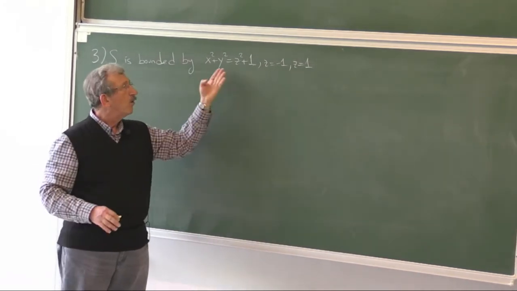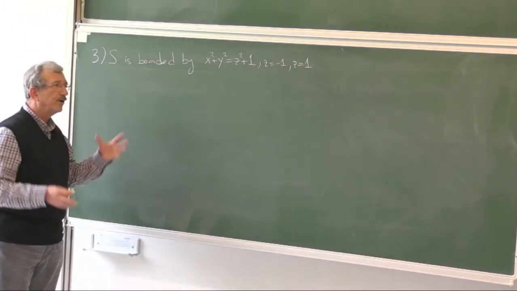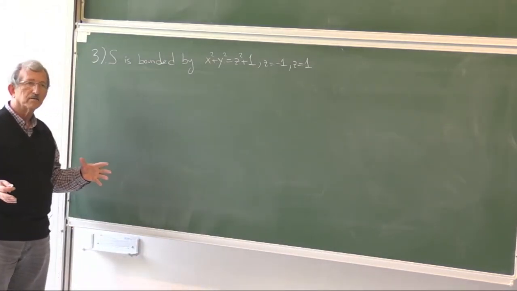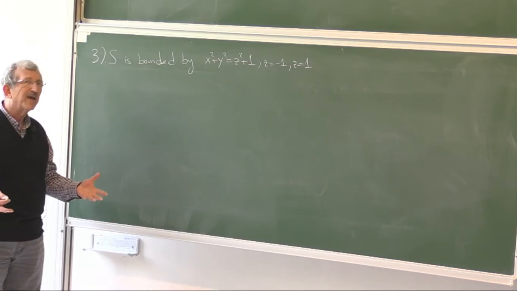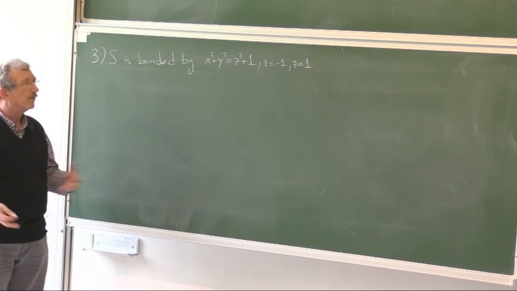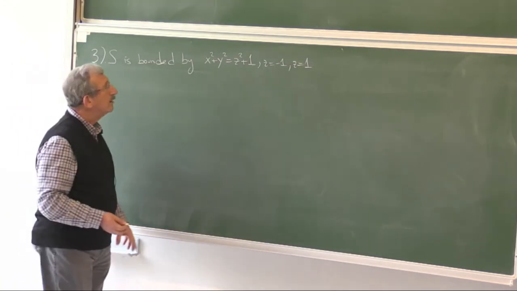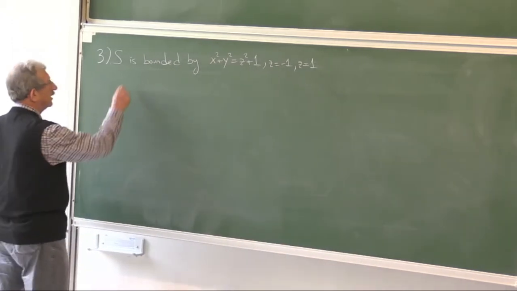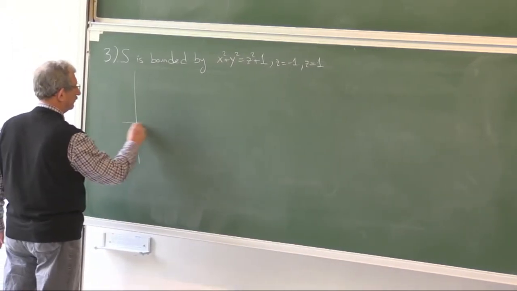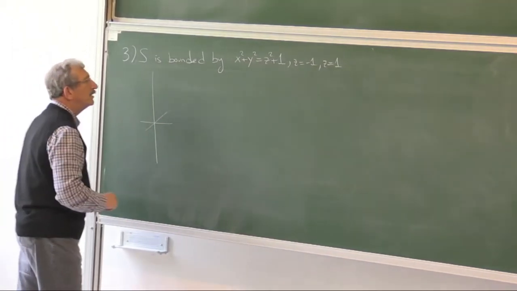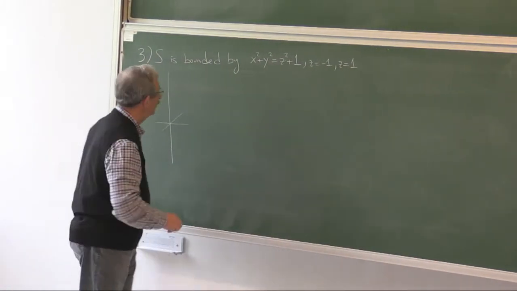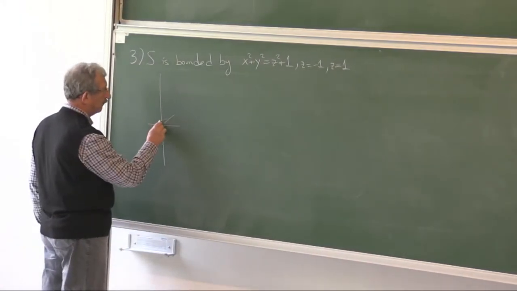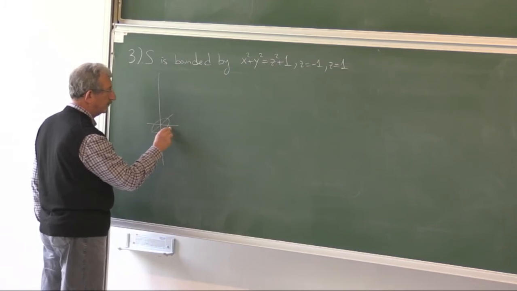What is this? Well, if you recall, it is a quadratic surface. We actually sketched it. But let me just enlighten you a little bit. Clearly, when z is 0, you have a circle of radius 1.